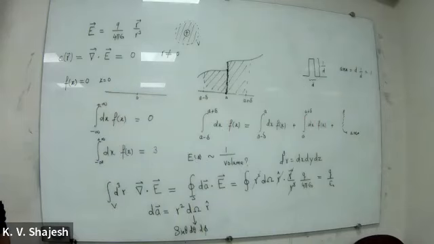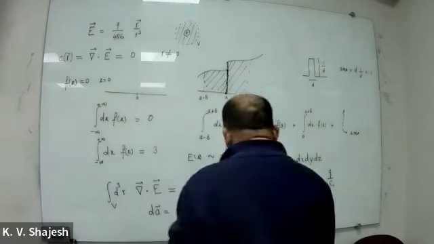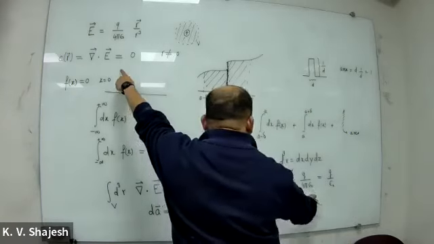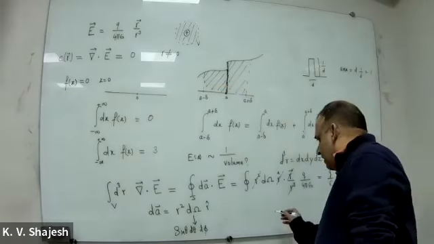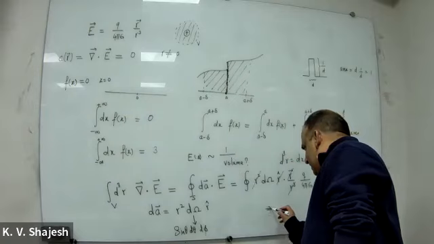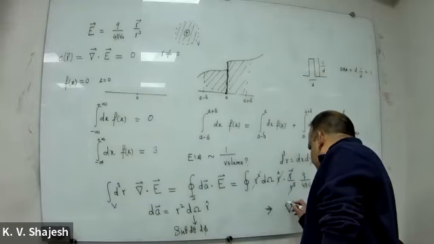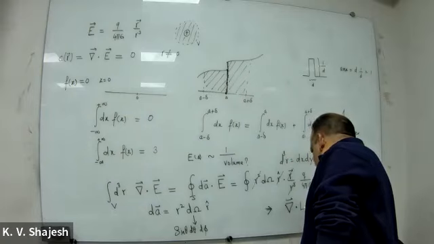I think so. Okay. So for consistency between these two, this implies that the divergence of the electric field is not actually 0.